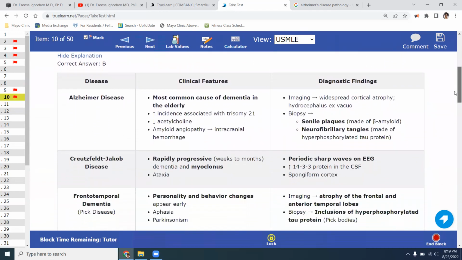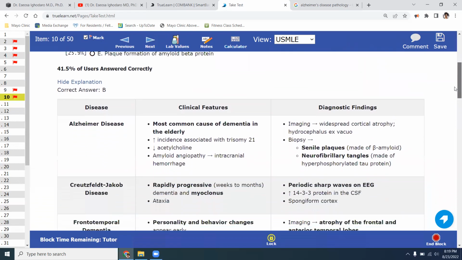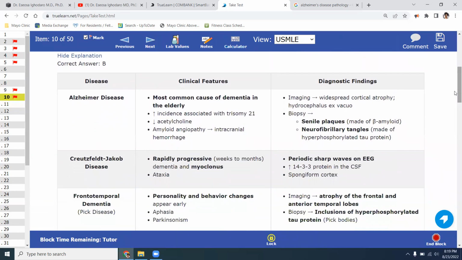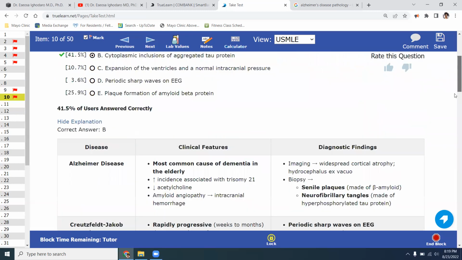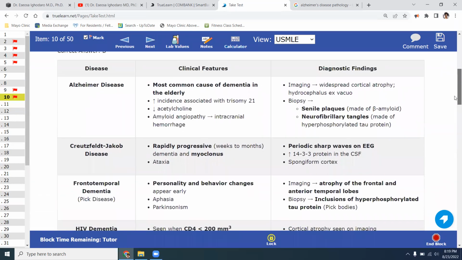And one great thing about TrueLearn is that they explain all the different options, and sometimes they'll give you really great charts that you could make flashcards out of and incorporate into your studying.